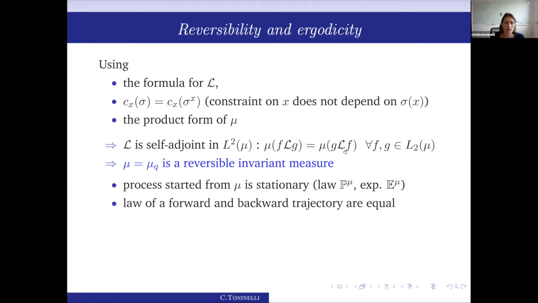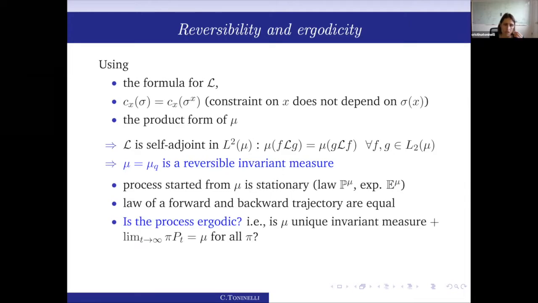Okay, and this coincides with the fact that, first of all, the process is stationary if I start it from the measure mu, but more than that, the laws of the forward and backward trajectory are equal. So the process is reversible if I start from the invariant measure mu.